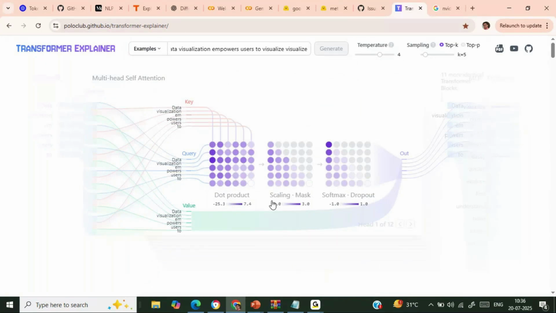So dot products, scaling, softmax, don't bother about these particular things.